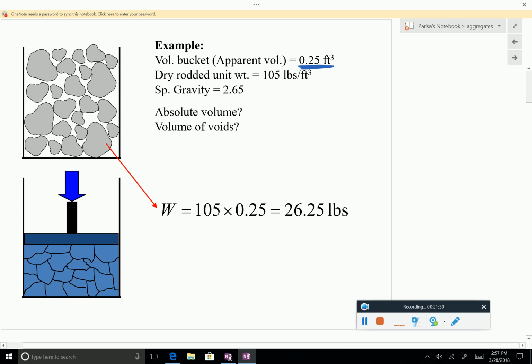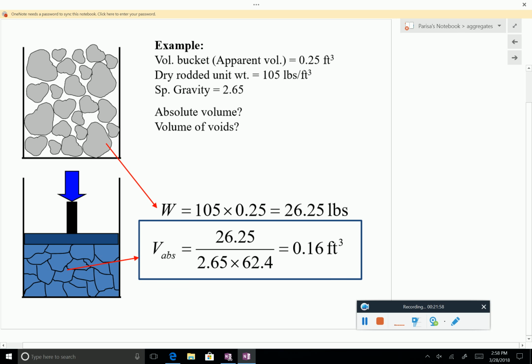So, first, from the definition of dry rodded unit weight, it's weight over apparent volume, which is 0.25, right? So we get the weight, and then you have the specific gravity, so you can get the absolute volume.